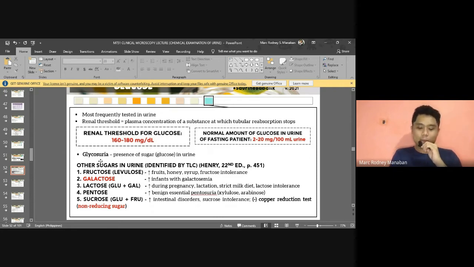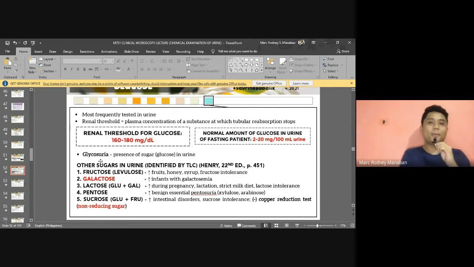So the presence of galactose could indicate a disease, and once galactose is not metabolized well, its byproducts can be deadly to the infant. So galactose and glucose are the important sugars in your urine. As you can see, lactose is made up of galactose.